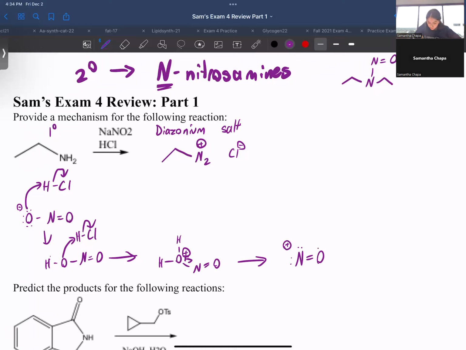Finally, we're going to use our amine group in order to make that salt. The amine will be our nucleophile, and the one with the positive charge is going to be our electrophile.